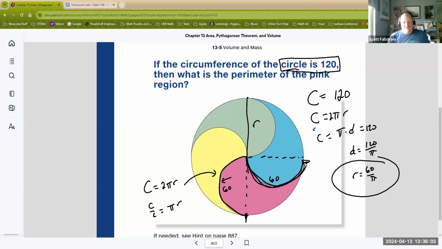And the outside ridge is right along here. Well, that piece is 1/4 of the circumference of the entire chunk. So if the entire chunk is 120, this piece over here is 40. And so you can actually see that it's not going to be some crazy piece: a 60, a 60, and a 40. And so there you go. Kind of a cool way of using formulas visually. So I really do enjoy that problem.